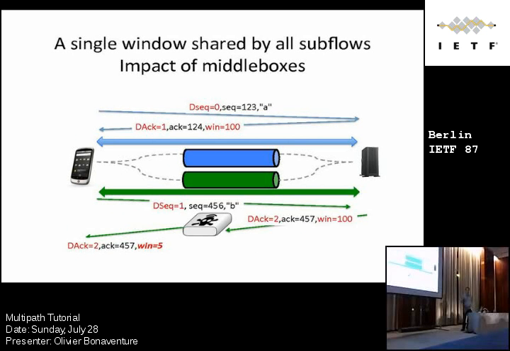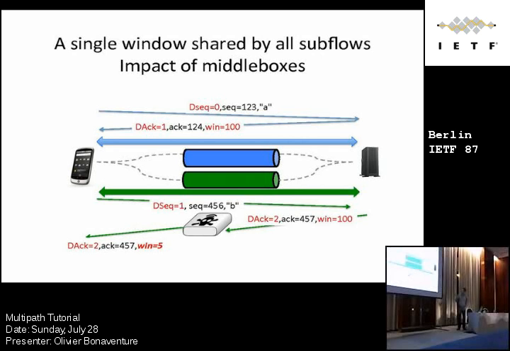Of course, we live in a world where there are middleboxes, so we cannot prevent this from happening. So we could be in a situation where the server is always using a window of 100, but data might be exchanged through a middlebox that would modify the value of the window.